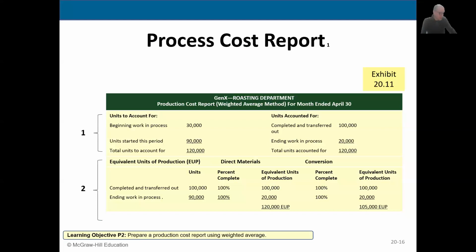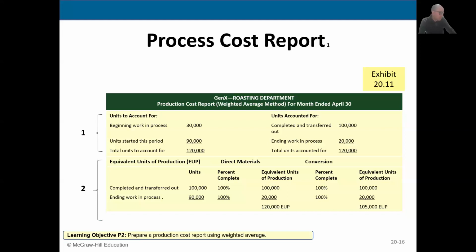Step 1, as you know, is the physical flow of units. The physical flow of units reconciles the beginning units in process and those started during the accounting period and ending units in process that have been completed and transferred out.